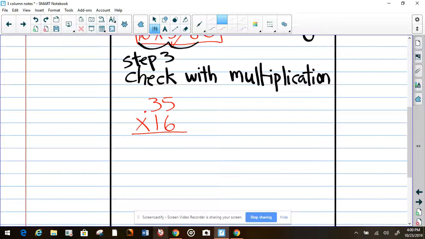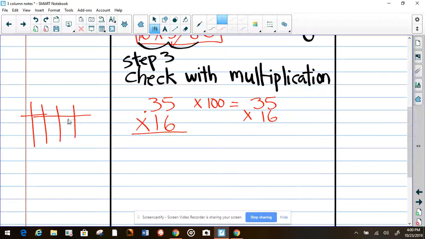Okay. So we can do two things. We can multiply this number times 100 to make it 350. And just to remind you, if you multiply 3.50 on a place value chart by 100, that means the number has to be 100 times bigger, or 10 to the power of 2.